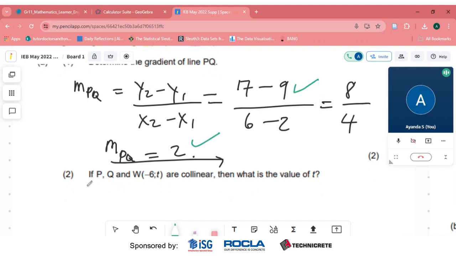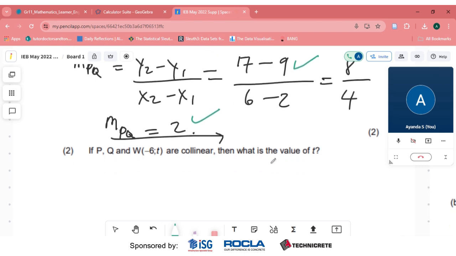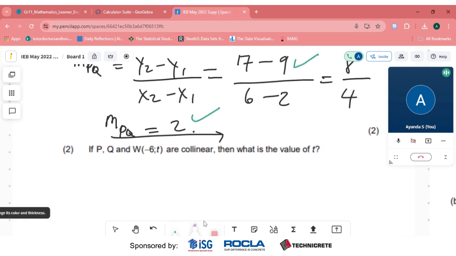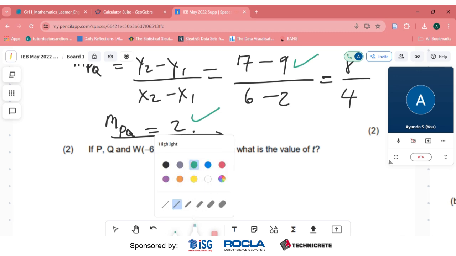Now, we're asked if P, Q and W, having coordinates -6 and t, are collinear, then what is the value of t? Let's start off by defining what collinear points are.